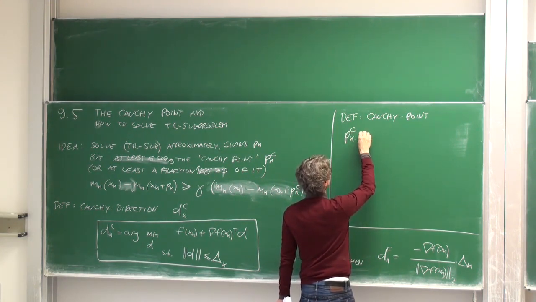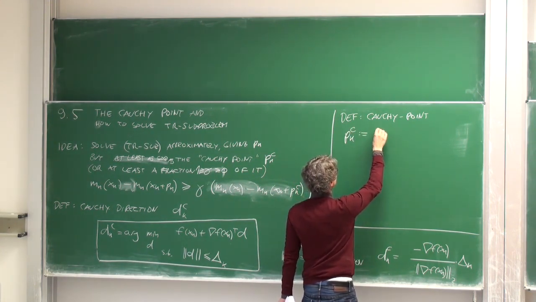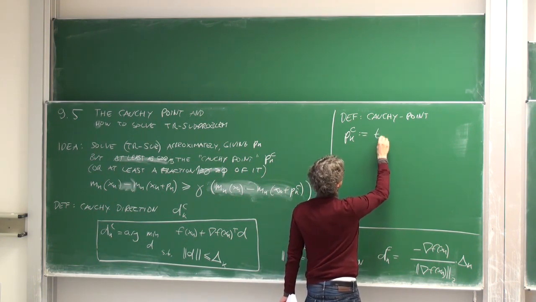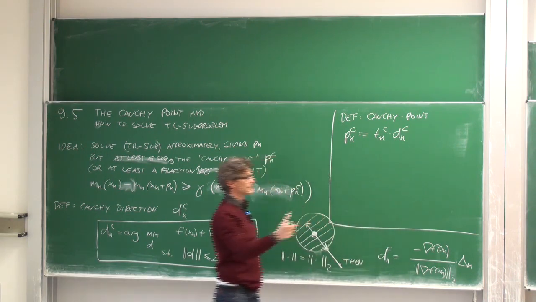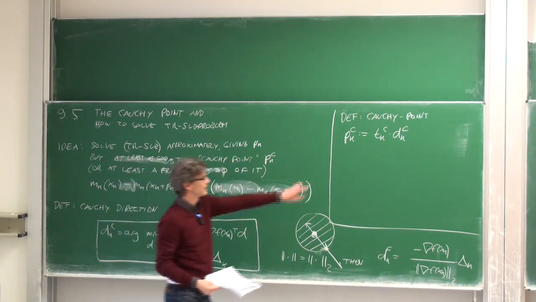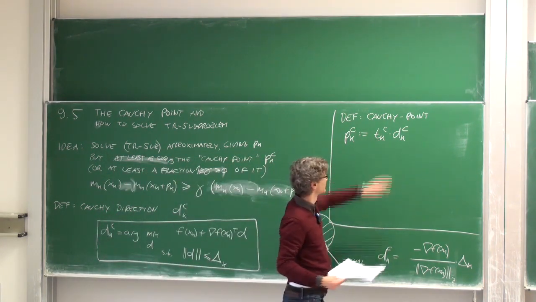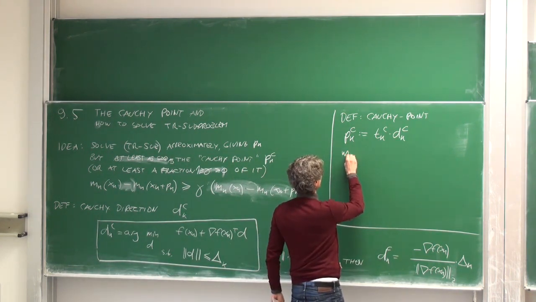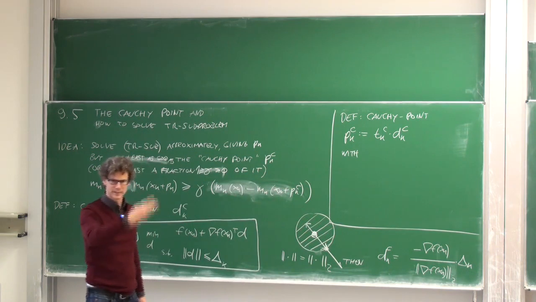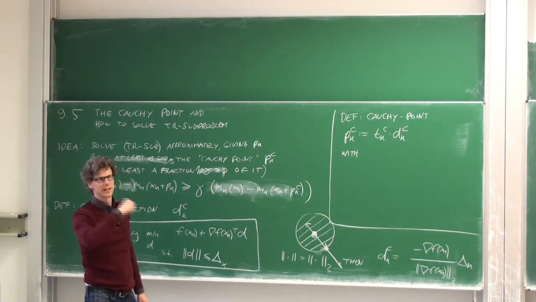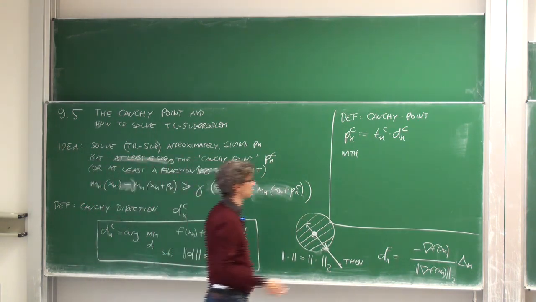So the Cauchy point p_k^C is given by t_k^C times d_k^C. This is the direction that we had, multiplied with the step length, where the step length is obtained from optimizing the model of the trust region subproblem only on this line. So it's actually doing a line search.